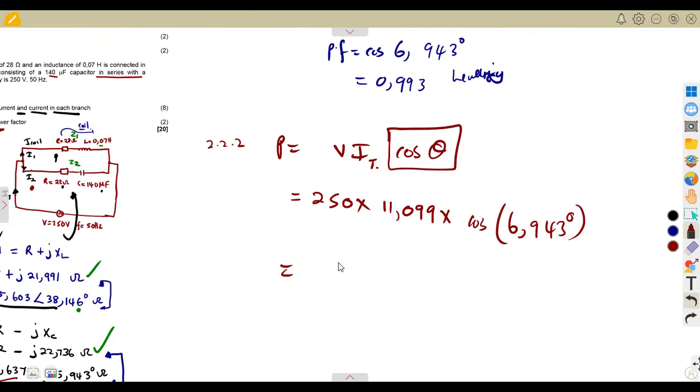So this was going to give us the power 2,754.402 in watts. So you can even convert this to kilowatts. If you are given this, you can even convert to kilowatts.